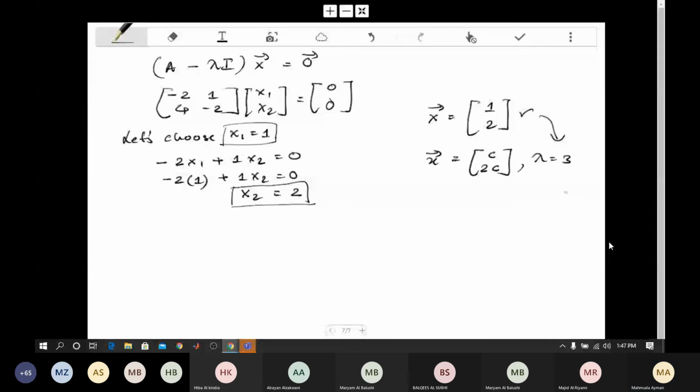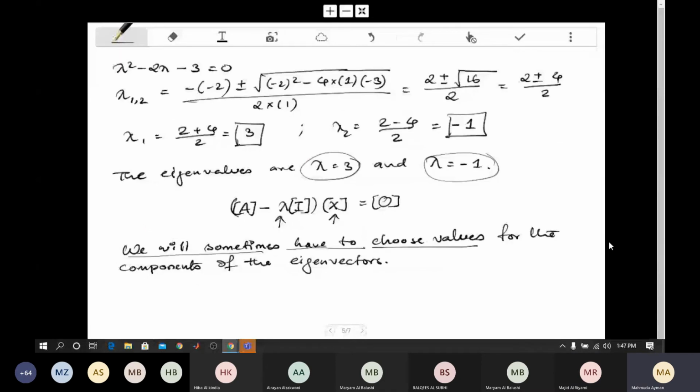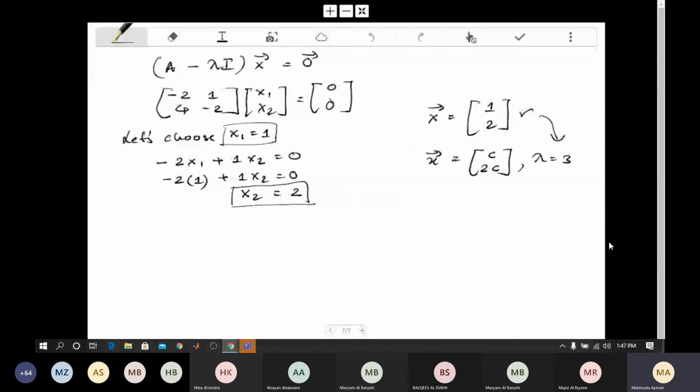Okay? If anything unclear, let me know now. Yes, miss. Why did you choose x equal to 1? Okay. As I told you before, we will sometimes have to choose values for the components of the eigenvectors, right? So that is the reason we chose x1 to be equal to 1 here, and then we get x2.